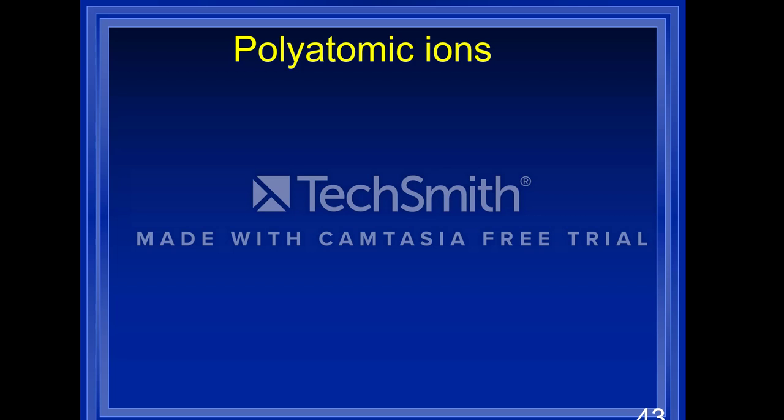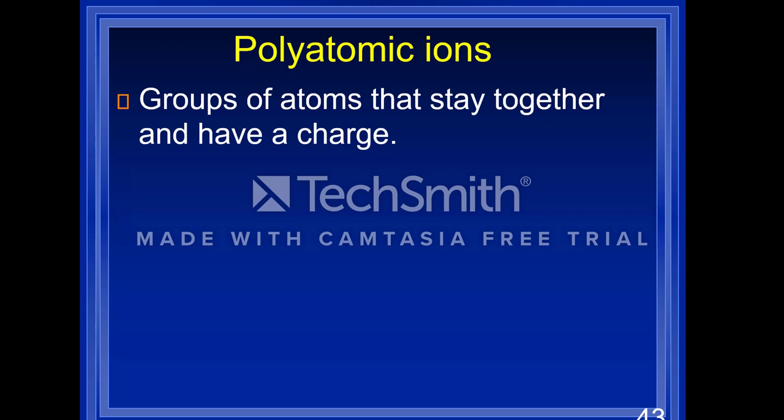Okay, we have studied polyatomic ions before, and that piece of paper I just gave you, which some of you put away, you probably want, because on the back of that is a list of polyatomic ions. They were groups of atoms that stayed together and had a charge.